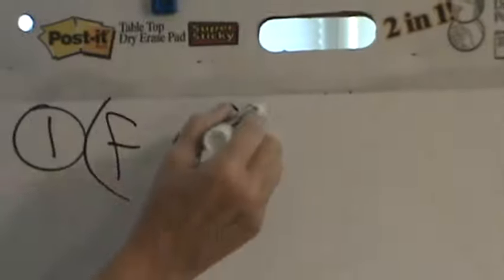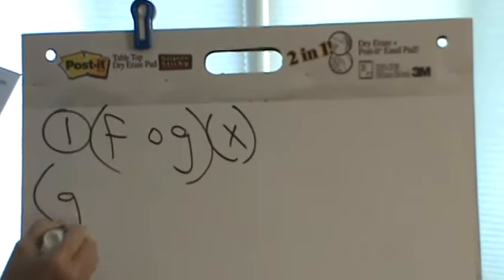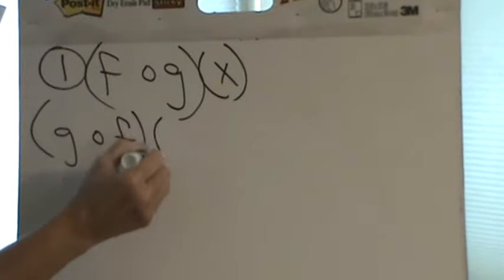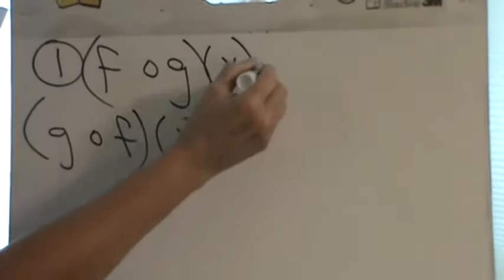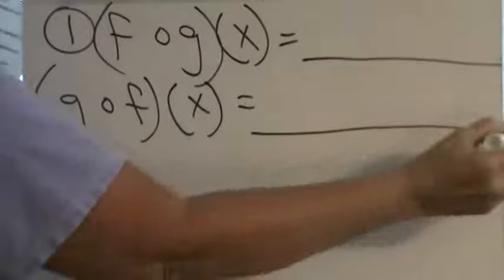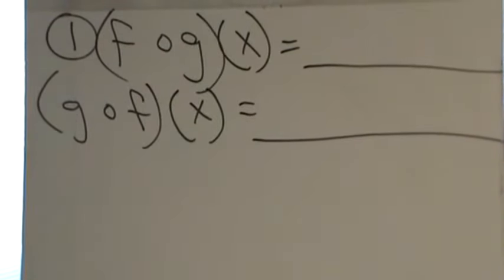Alright, so let me show you, and of course you can look at number 1 on the handout. I'm just going to write f of g of x is what they're asking us to do. And then they're asking us also to find g of f of x. And here are the math problems.